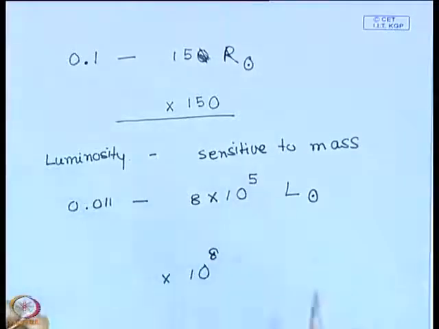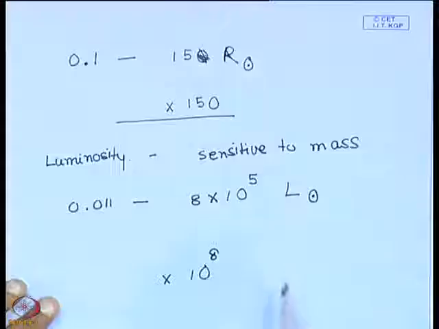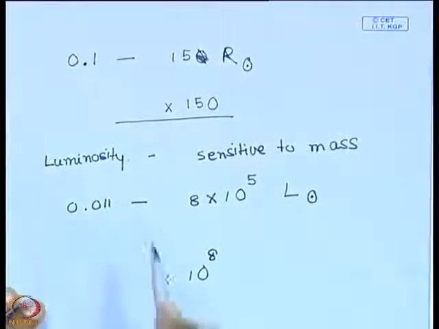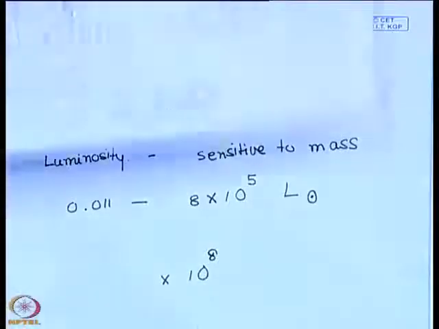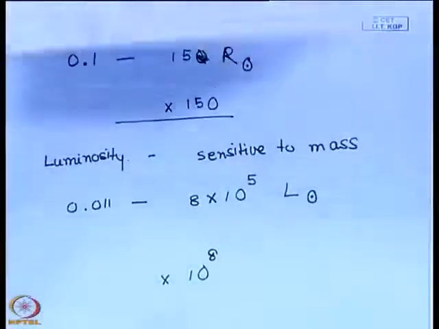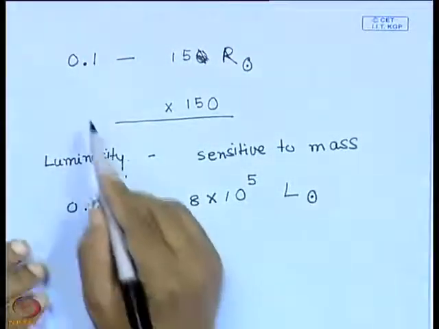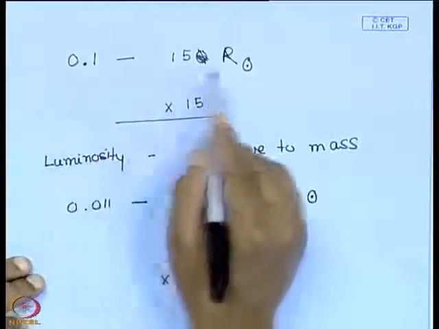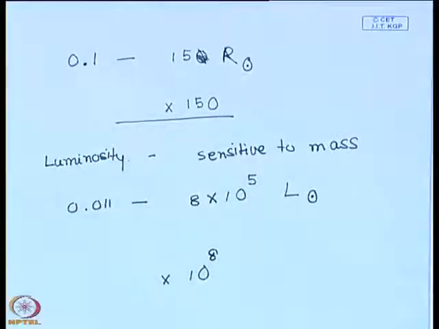So, what we have been discussing till now are all solutions of the 4 equations which we had written down, and they cover this mass range, and the corresponding range of radii is this, and the range in the luminosity is given over here.